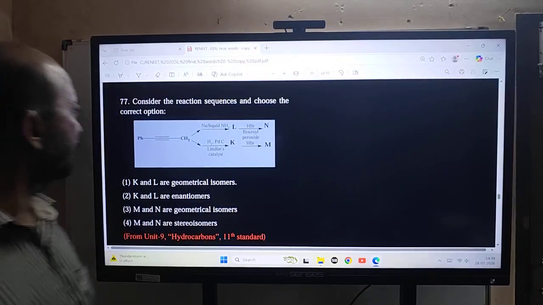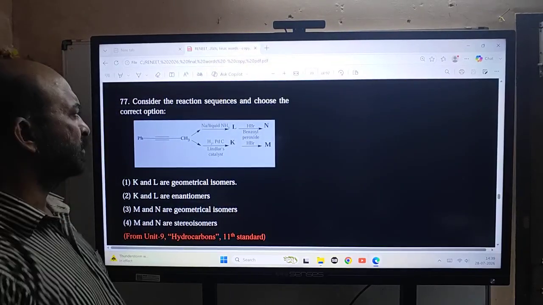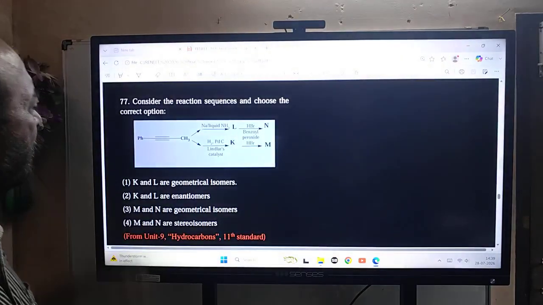Okay, the next question. Consider the reaction sequences and choose the correct option.